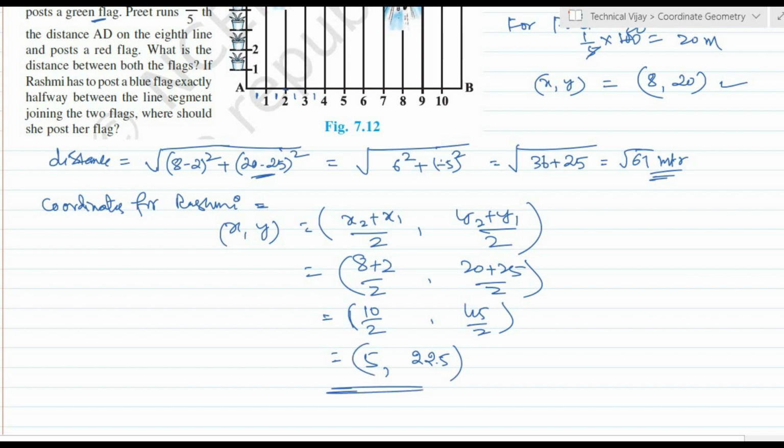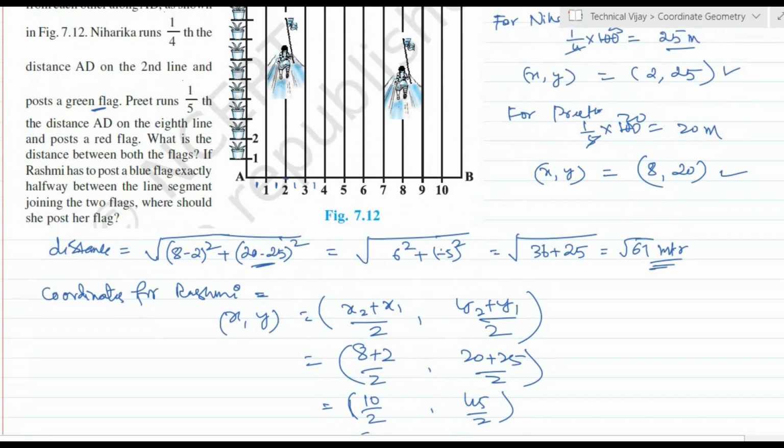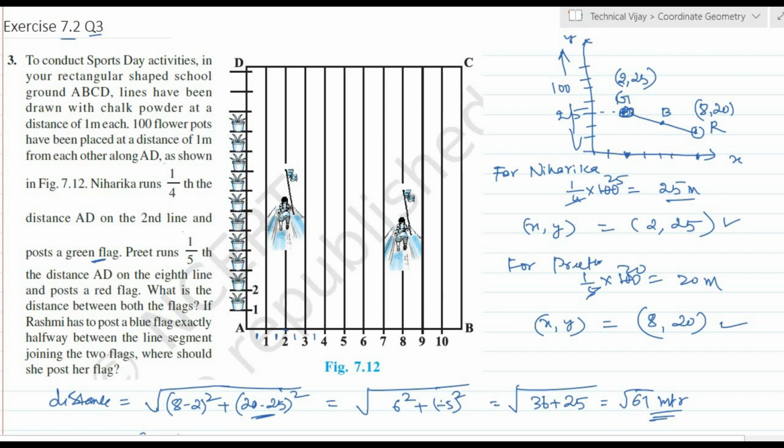So this blue flag has to be posted at the fifth line, see 1, 2, 3, 4, fifth, at 22.5 meters. So 5 comma 22.5, exactly halfway between these two.